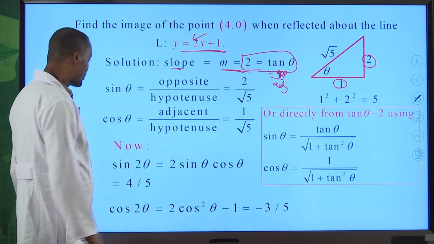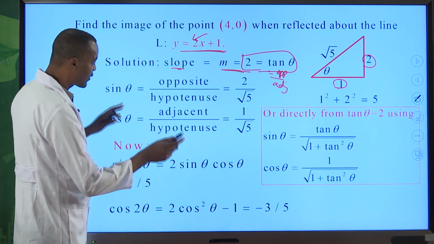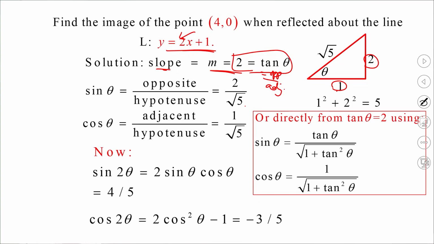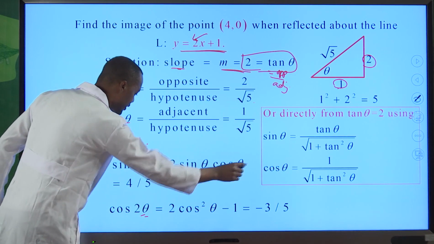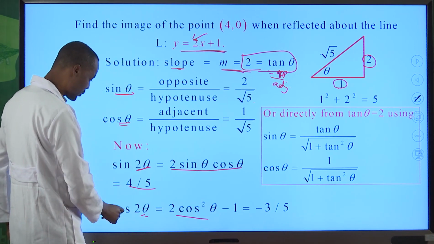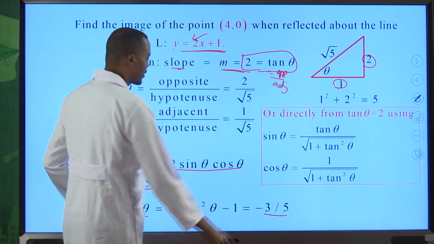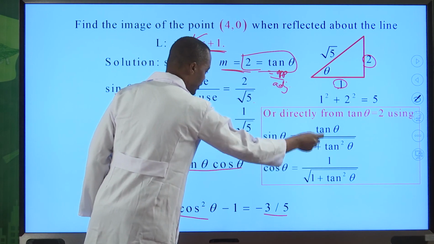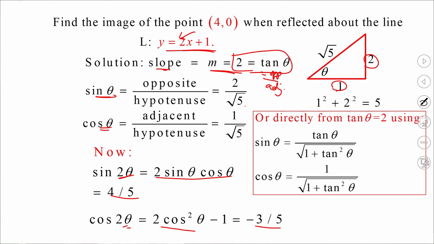Because the sine and cosine in our formula have double angles, we have to convert the single-angle sine and cosine into sine 2 theta and cosine 2 theta using these two identities. Then finally sine of twice theta is 4 over 5, and cosine of 2 theta is minus 3/5. We can also use this one to directly obtain sine and cosine from the tangent.